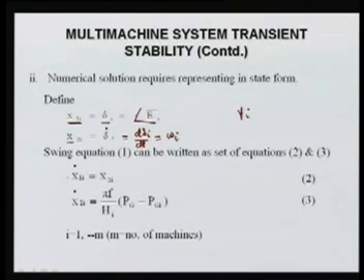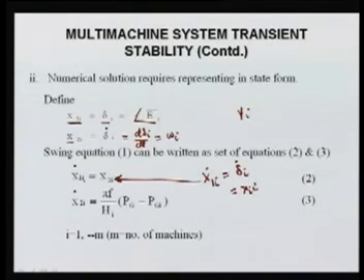For equation 2, differentiating x1i, we get x1i dot equal to delta i dot, the differentiation of delta, and this is nothing but x2i.